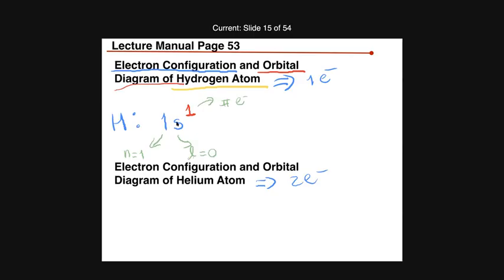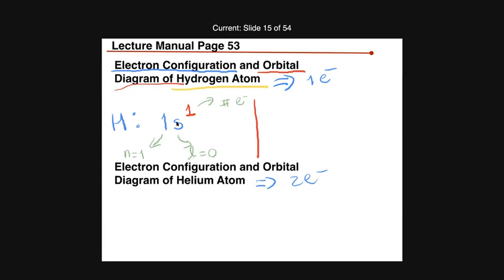For orbital diagrams, you have to specify how the electrons actually arrange in the orbital. To do this, we do the same thing, except we have to write out the number of orbitals for that subshell.